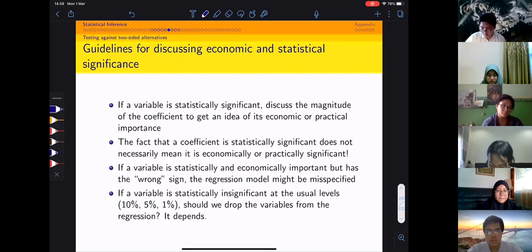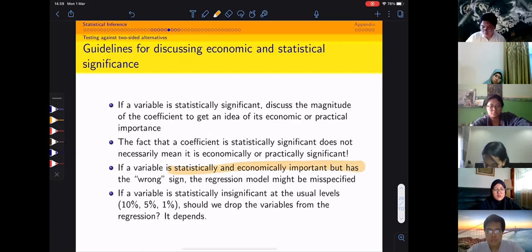It could be that a variable is statistically significant, but it doesn't really have a meaning economically or practically. And if a variable is statistically and economically important, however, it has the wrong sign.